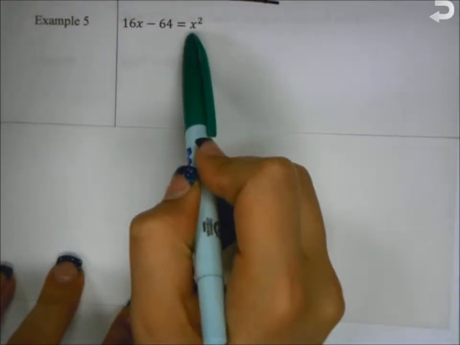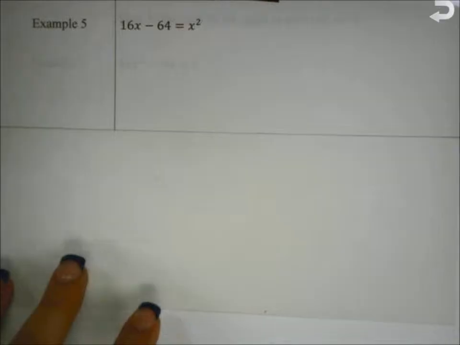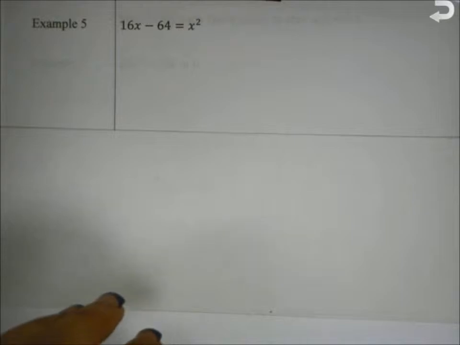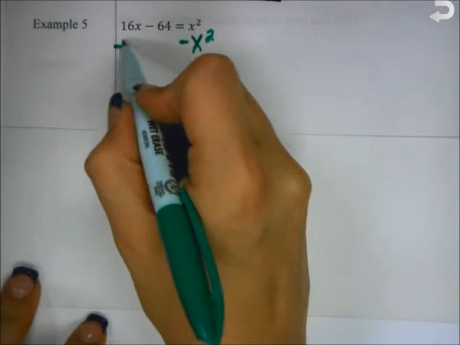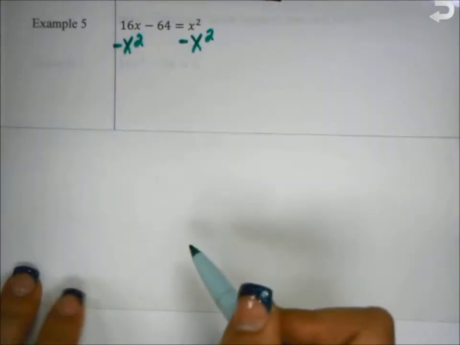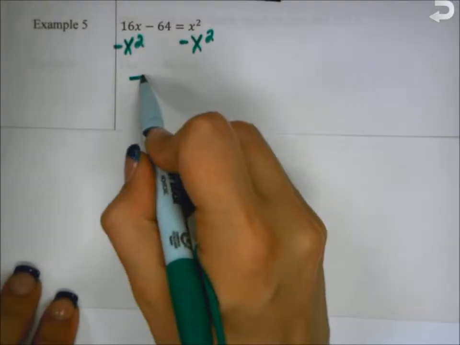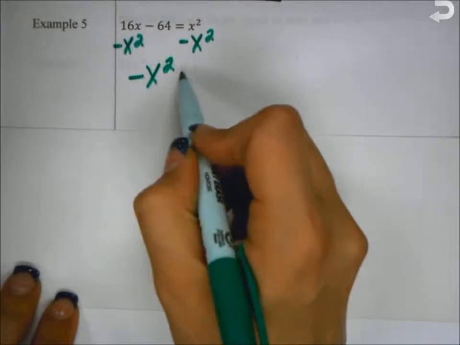No. How can we get it equal to 0? Subtract the x squared. So let's subtract x squared from both sides. So then what am I going to get? Negative x squared plus 16x minus 64 equals 0. So we're equal to 0.